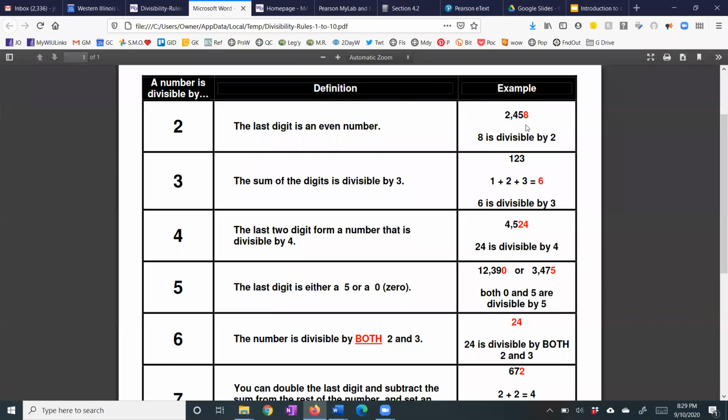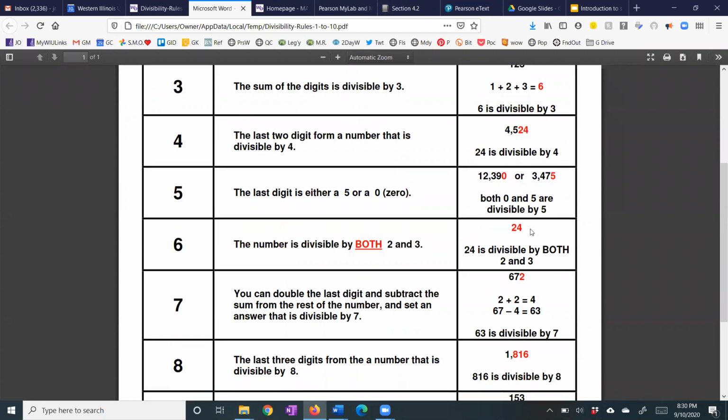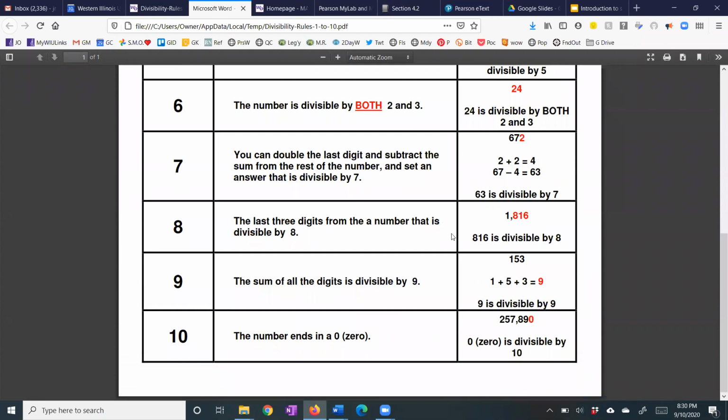Divisibility test for 2, you look at the last digit. Divisibility test for 4, you look at the last 2 digits. The divisibility test for 8, you look at the last 3 digits. If the last 3 digits, treated as a 3-digit number, is divisible by 8, the entire number, no matter how big it is, is going to be divisible by 8.